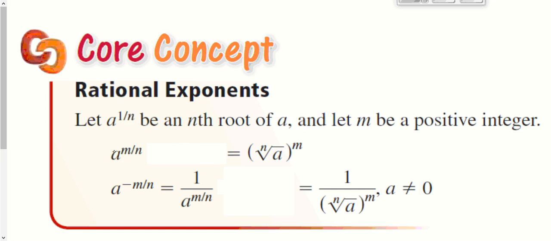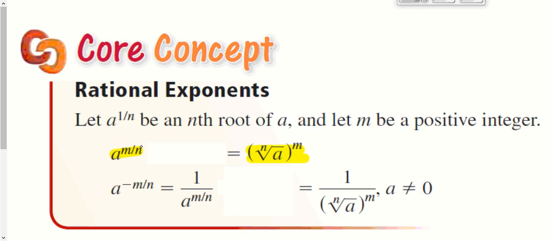We're just changing the format of things here. If I have something written like a to the m over n, then I can rewrite that as the nth root of a to the m power. So look carefully. You see we have m over n.